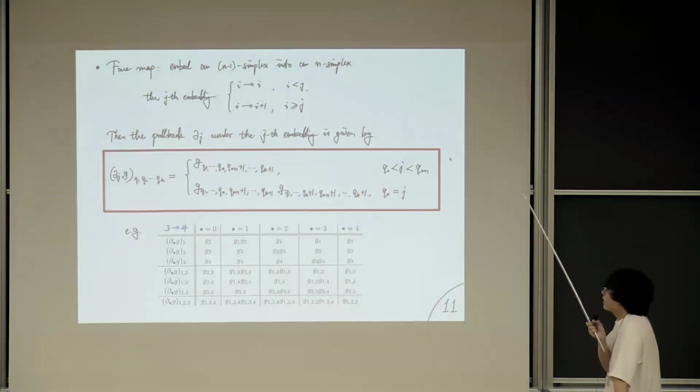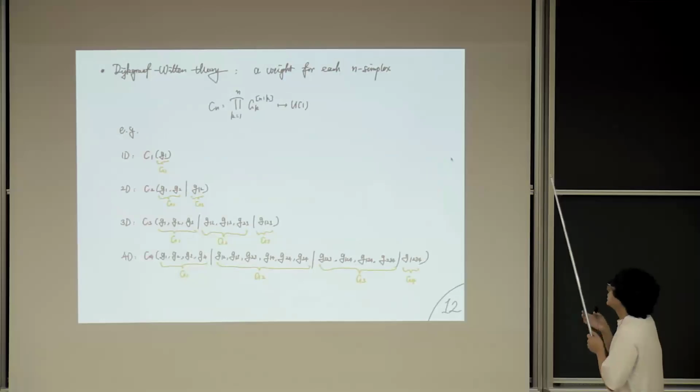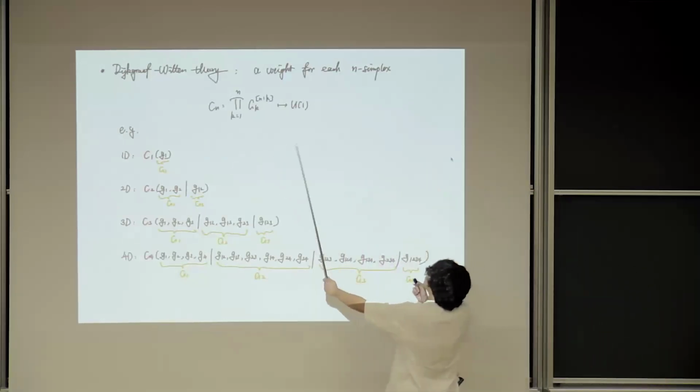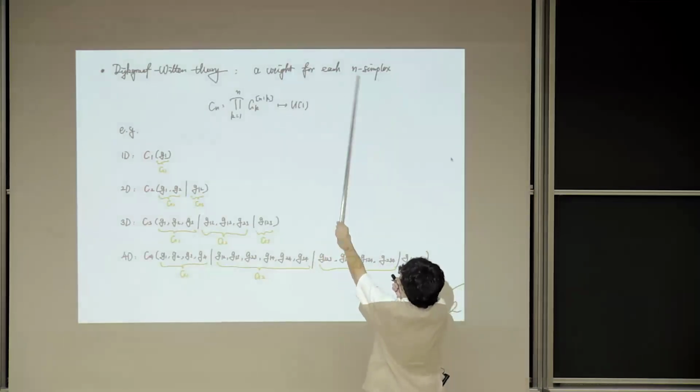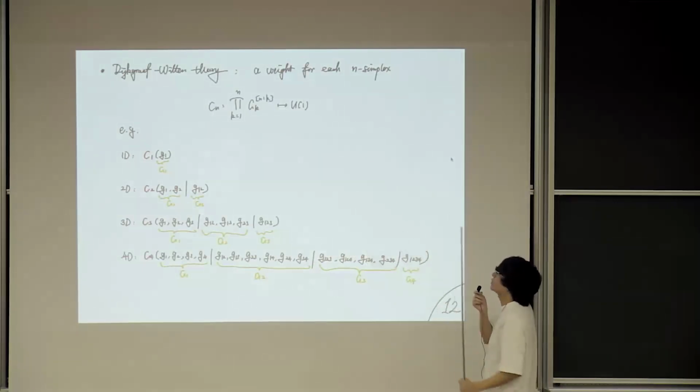That is how to arrange gauge fields, or say locally flat gauge fields, on a triangulation. Next, we will consider the Dijkgraaf-Witten theory on this background. The Dijkgraaf-Witten theory, of course classical, is specified by a weight on each n simplex of this triangulation.